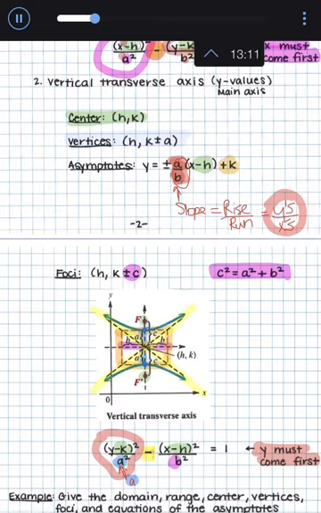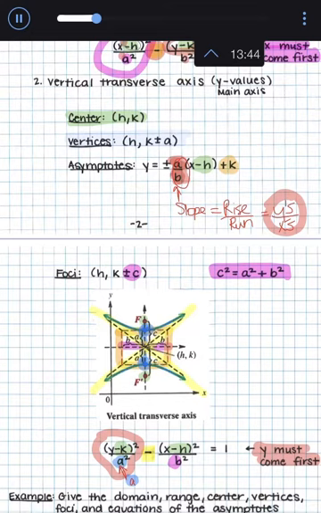The vertices should also be, again, affected by the y's. They should be going up and down because they are the beginnings and ends of our hyperbola, and our hyperbola opens up and down. So when we're talking about the vertices, remember all that means are the 2 points that make up the start of your hyperbola, where it points out upwards and downwards.